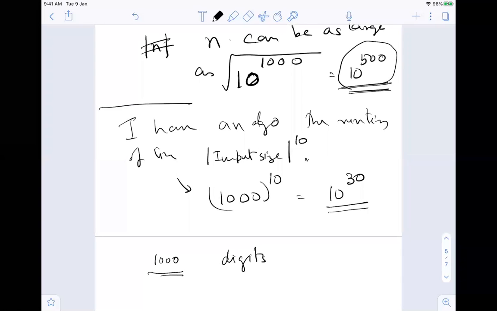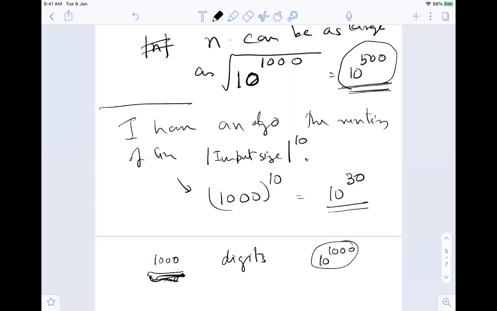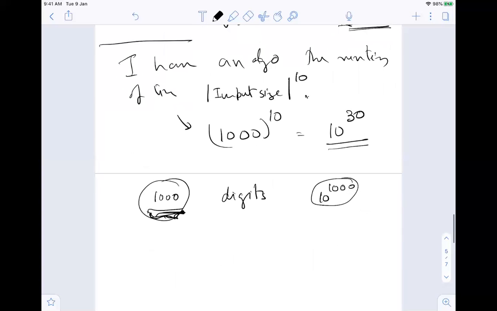But can a computer read 10 to the power 1,000? Of course not. And that is exactly why I have specified the number in 1,000 digits. So here is a number that can appear in real life, and that is given as this encoding, right? I mean, I have encoded something.